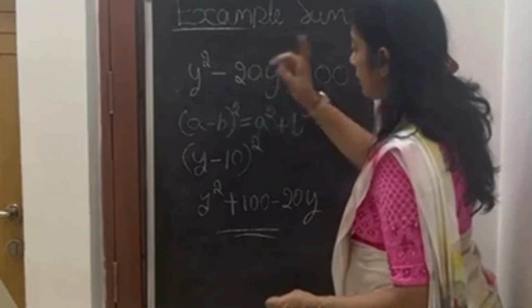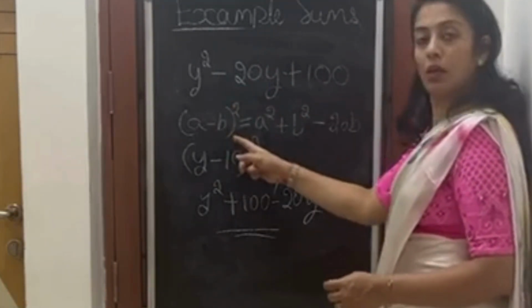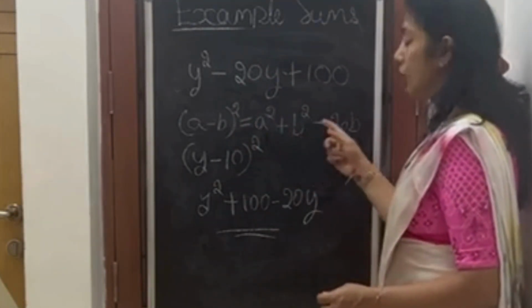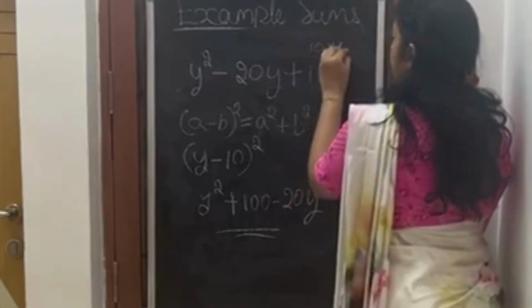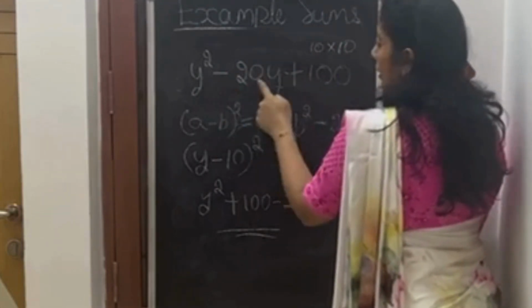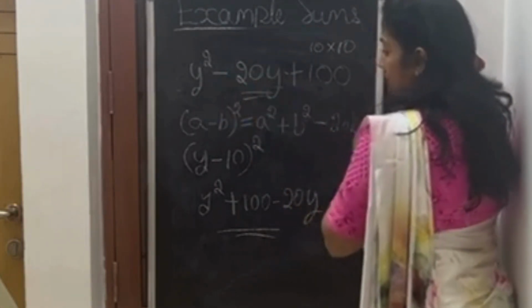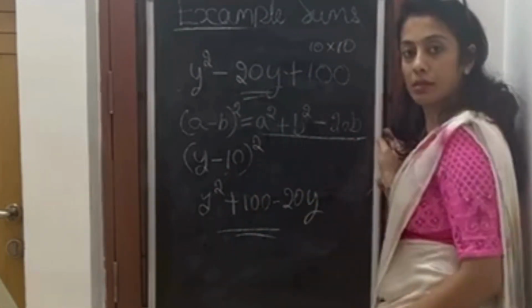How did I factorize? By seeing this, I remembered the formula a minus b the whole square, which means a square plus b square minus 2ab. Because 10 into 10 is 100, y into y is y square. Now 10 into y into 2 will give me 20y. That's why I took this formula and factorized it. This is my answer, factorization.